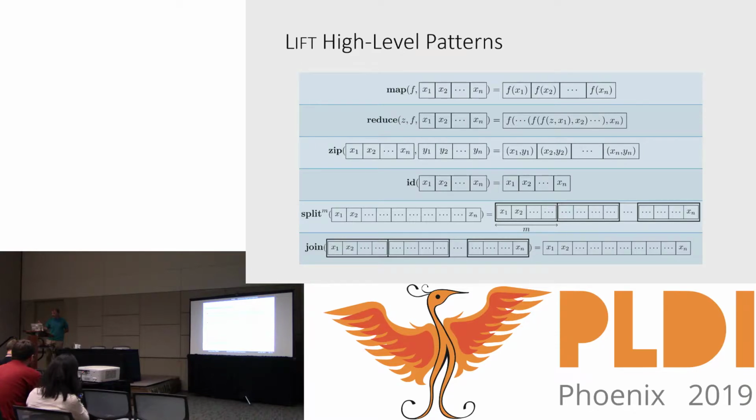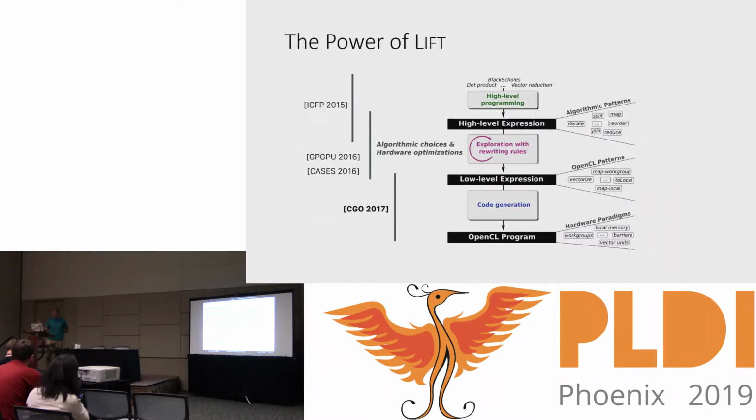So in LIFT, we designed this around functional programming. We have these higher order functions and functional patterns that probably most of you are familiar with, like map, reduce, all of those that you would see in a regular functional language. And we get from these patterns at the high level by rewriting into specific patterns that are tied to the implementation and the target platform.